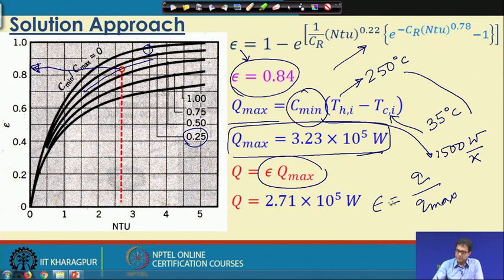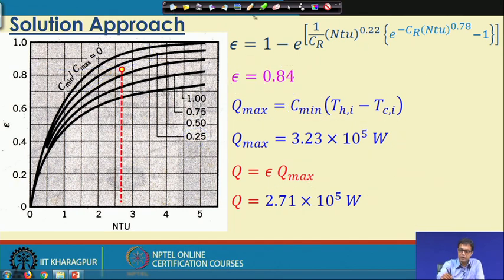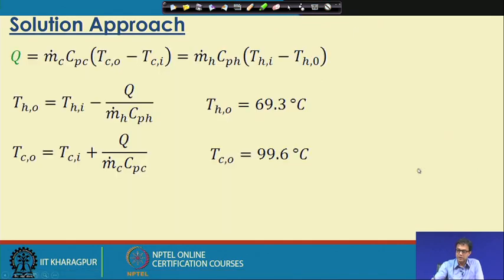We already calculated epsilon and we know Q max, so we can find the actual heat transfer, which comes to 2.71 into 10 to the power 5, assuming epsilon equals 0.84. When we know the actual heat transferred, it is now easy to calculate the exit temperature.